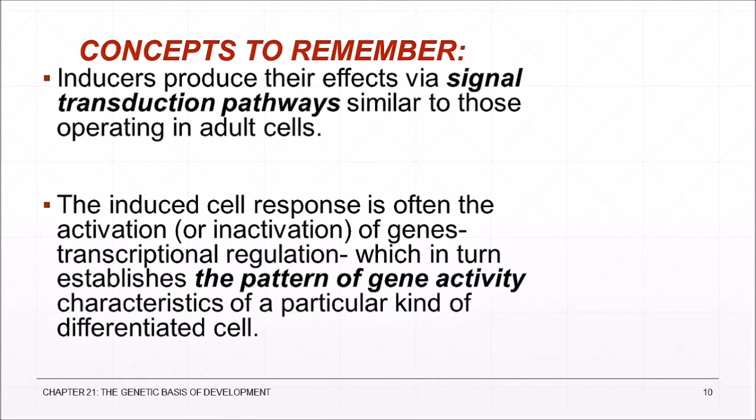Third, inducers produce their effects via signal transduction pathways similar to those operating in adult cells. And lastly, the induced cell's response is often the activation or inactivation of genes, transcriptional regulation, which in turn establishes the pattern of gene activity characteristic of a particular kind of differentiated cell.